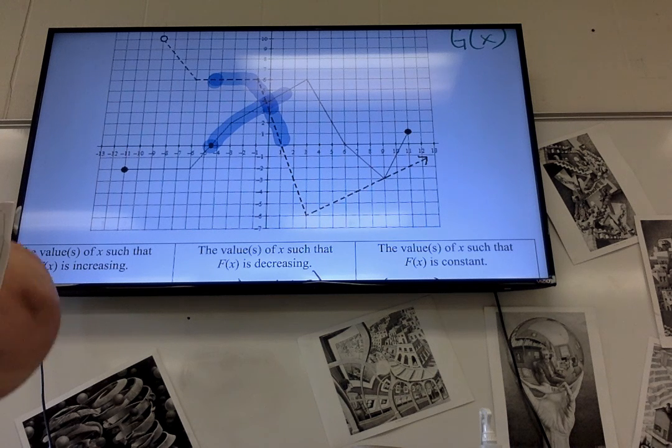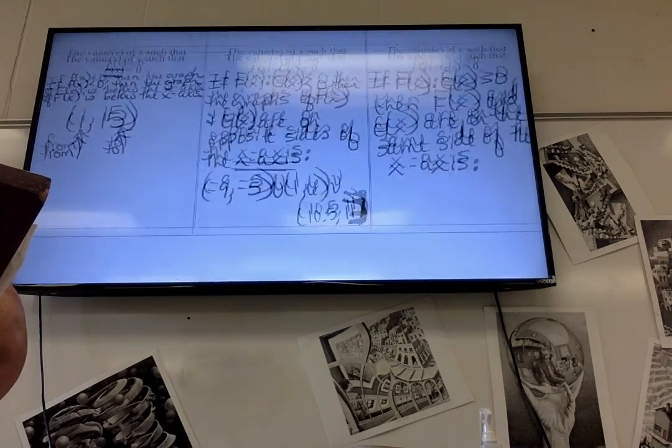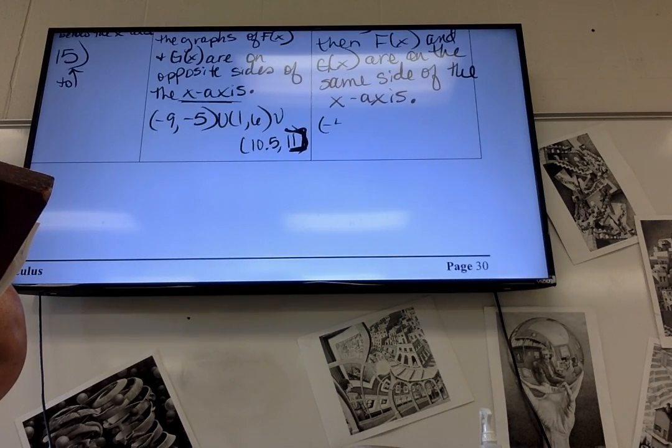Those are both above the x-axis. The negative 4.5 would not be included because, although it is a filled-in circle, negative 4.5 is actually at 0, so it wouldn't be above the x-axis technically there. And same thing with the 1. The 1 would not be included because it's not technically above the x-axis, it's right on the x-axis. So we'd write that as negative 4.5 to 1.